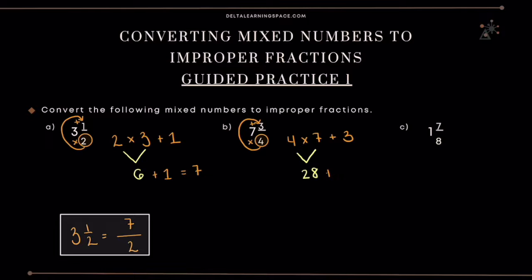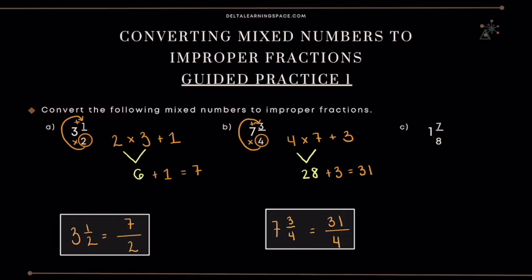Then I will add 3, and that sum will be 31. 31 will be my new numerator, and my denominator is staying the same at 4. And so 7 and 3/4 is equivalent to 31/4 as an improper fraction.